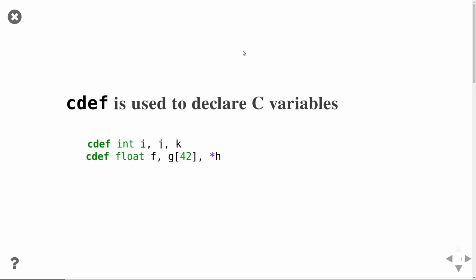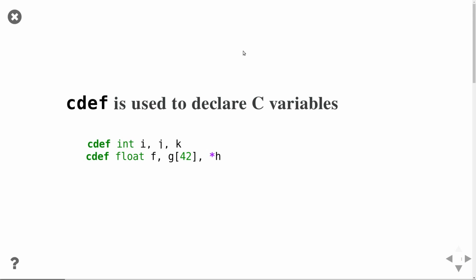One of the most important keywords in Cython is cdef. The cdef is used to declare the type of your variable. For example, here in the first line, we create 3 variables of type integer. These are now C variables of type integer with the names i, j, and k.